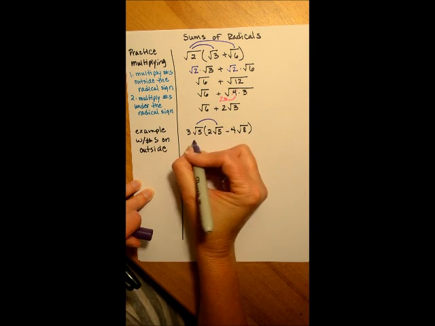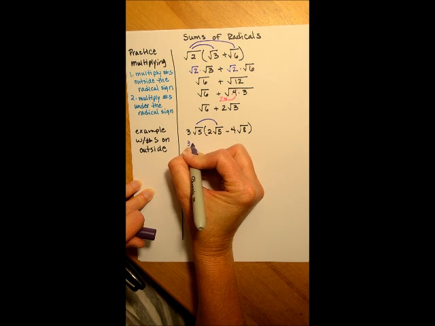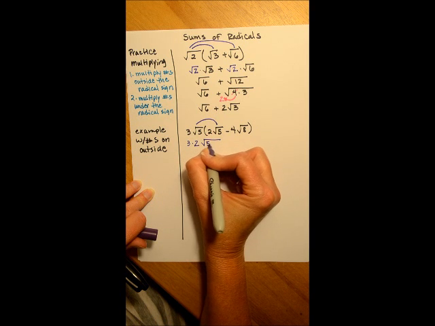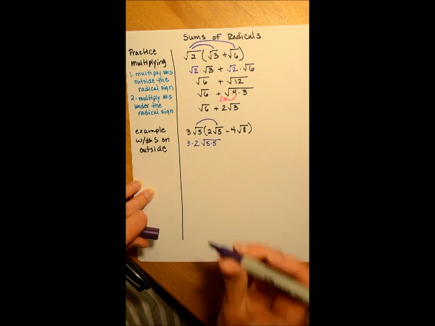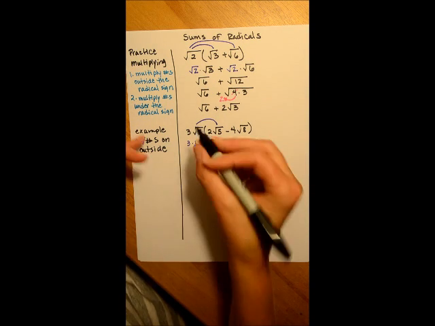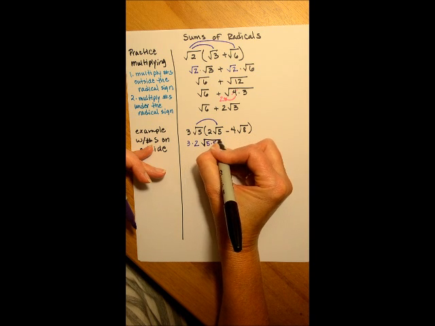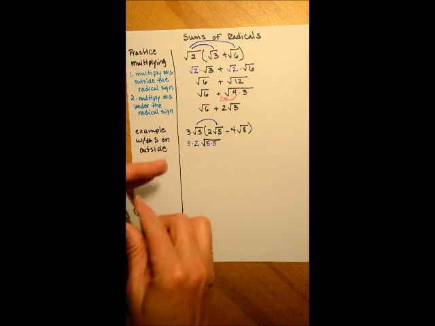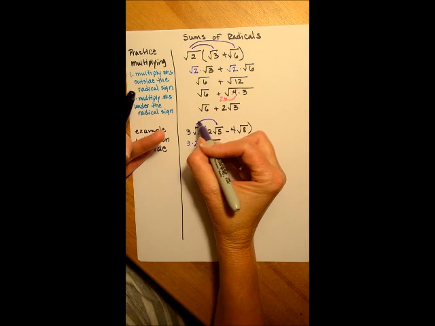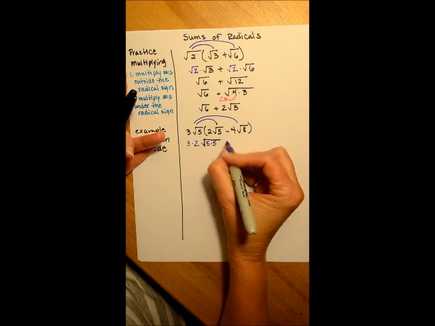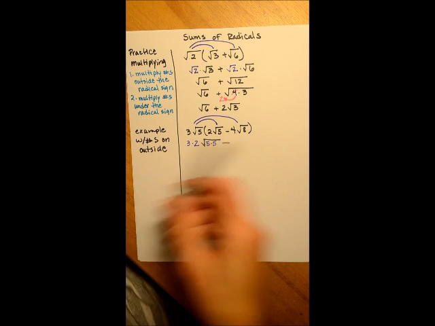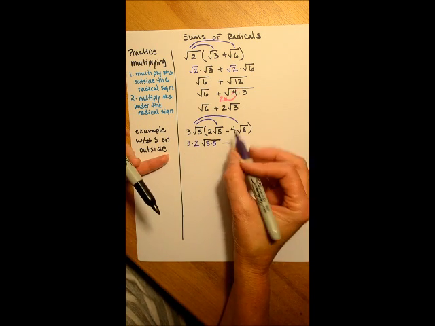I'm going to multiply the numbers on the outside together and the numbers on the inside together. Numbers on the outside together, numbers on the inside together. I have minus here, and I have a positive here, so it's going to stay minus.